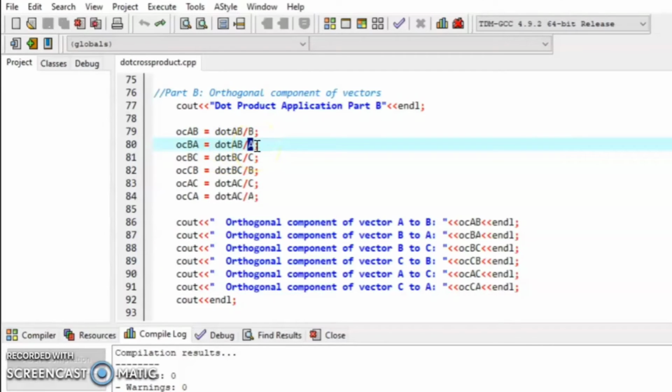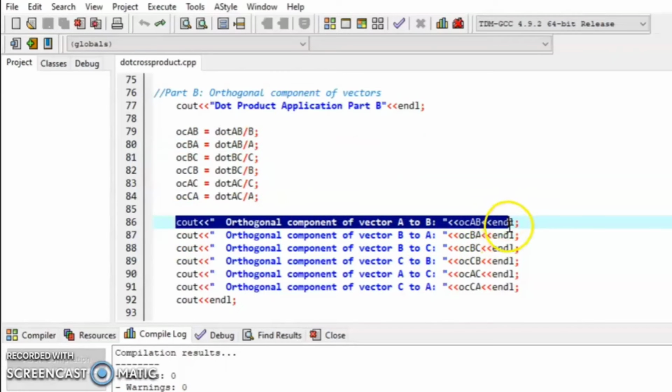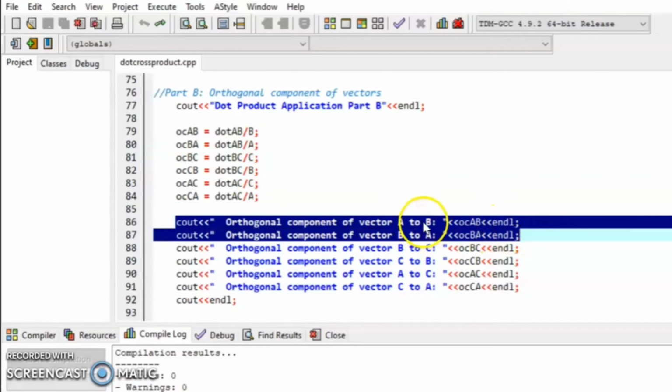So that's for the orthogonal component A to B and B to A.